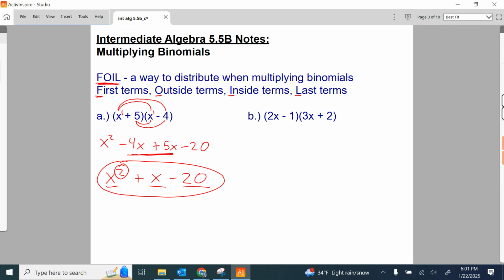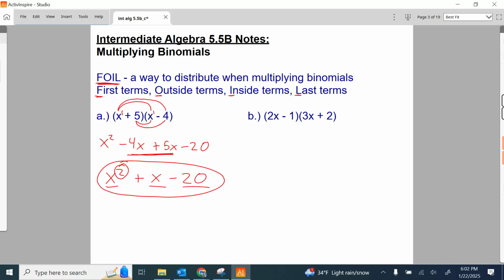So it's going to be called a quadratic trinomial because of that power of 2, and because it's made of 3 parts, and it's something we're going to work with quite a bit this semester, and also you work with it a lot in Algebra 2. So quadratic trinomial is what's created by these binomials being multiplied. Just a side note there.